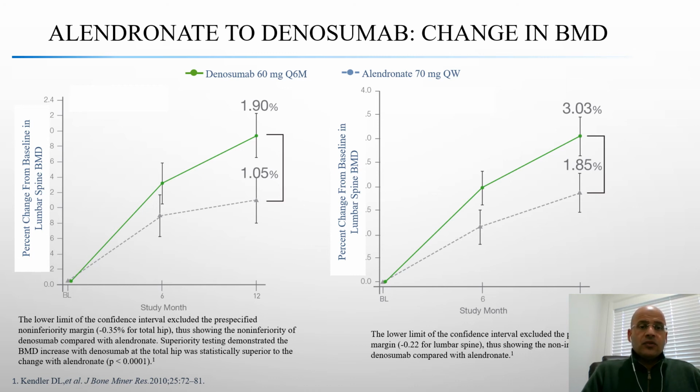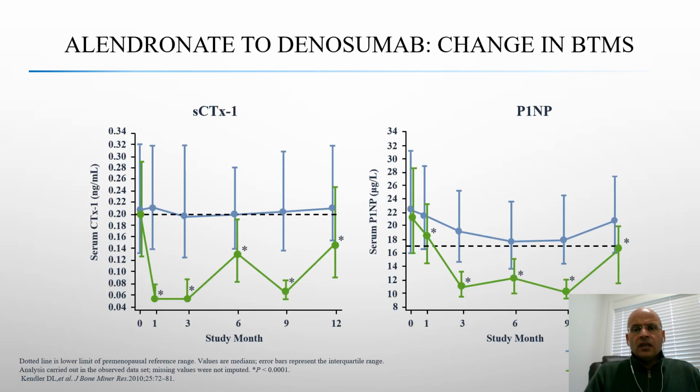Denosumab is clearly a stronger anti-resorptive drug, and there's a significant improvement in the BMD, both in the lumbar spine and in the hip, favoring denosumab treatment. Now, we touch base on the C-telopeptide and P1NP, and they clearly showed a better profile with denosumab, indicating that this is a stronger drug.